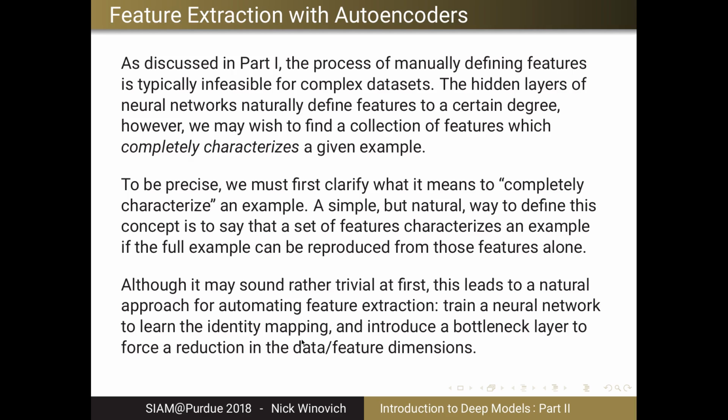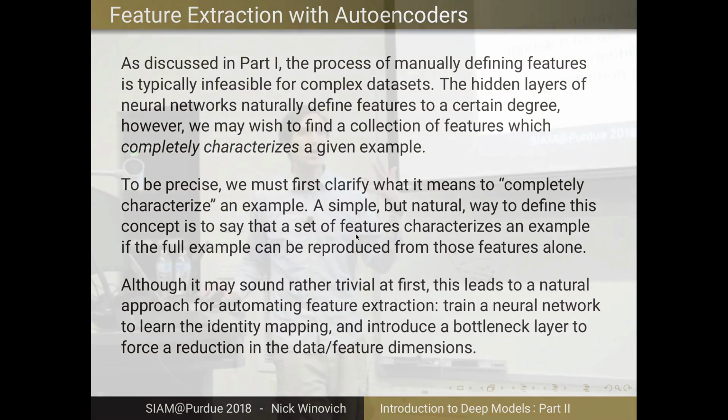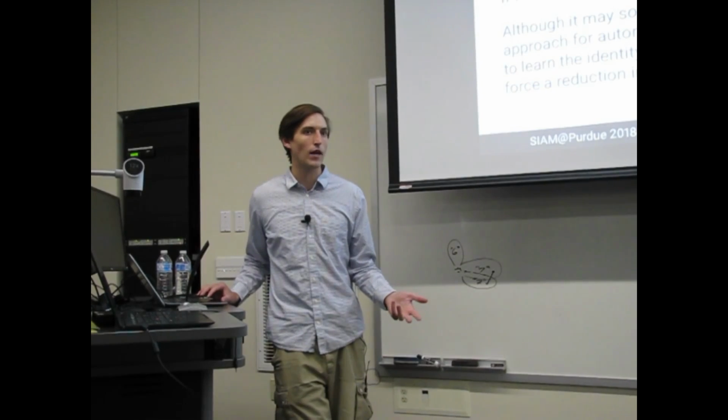So here I just go through some terminology. This isn't used by everyone, but what we're looking for are features that completely characterize or completely define the training examples that we're working with. To be more precise, we want to think of what it means to completely characterize something.